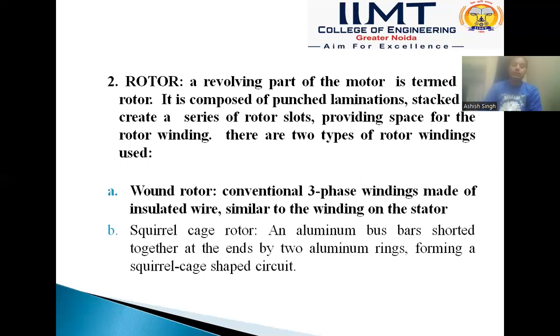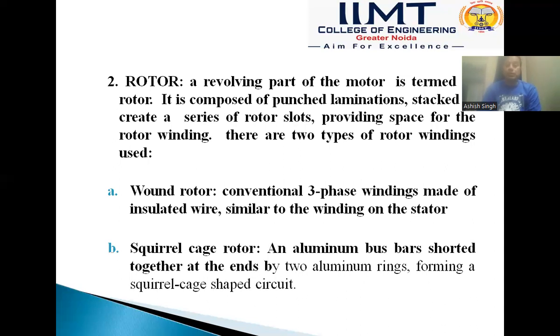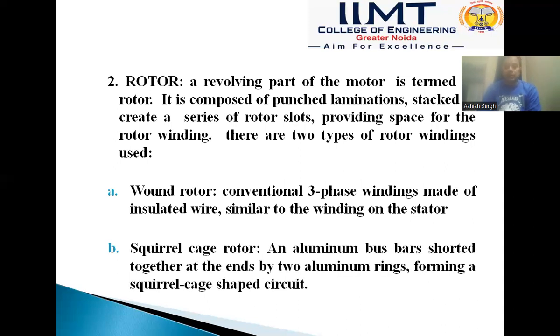And the second type of rotor used in three-phase induction motor is squirrel cage rotor. In this type of rotor, we place solid bars of aluminum or copper conductor inside the rotor slots, and these conductors are short circuited at both ends of the rotor circuit.